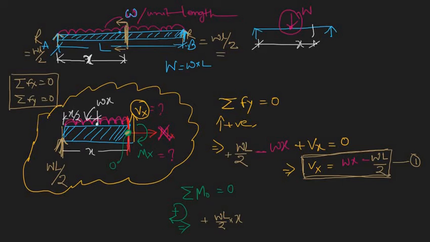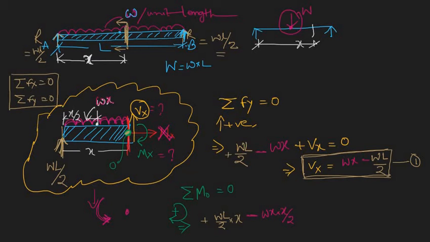What is the moment due to the resultant UDL Wx? The load Wx acts at a distance of x by 2, downward, and it creates anti-clockwise rotation, so negative.